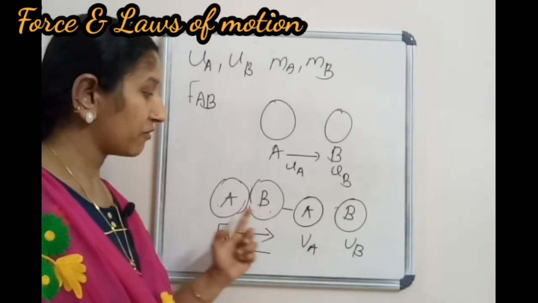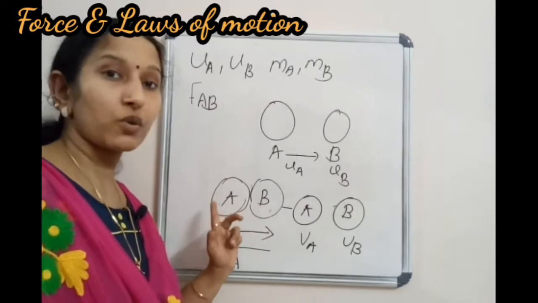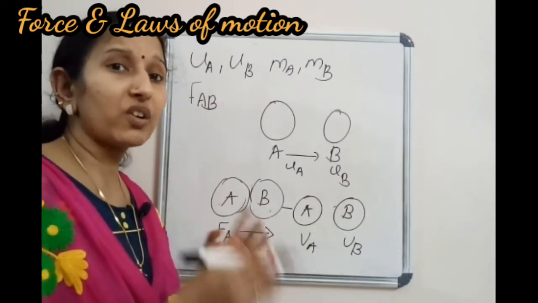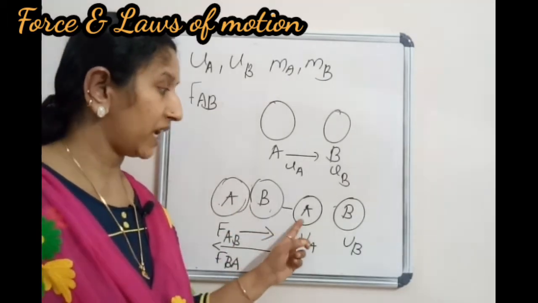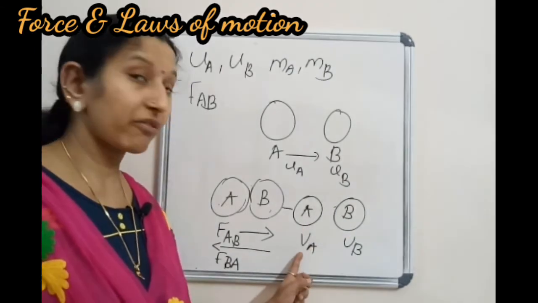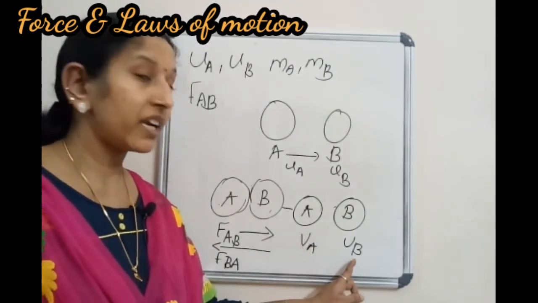After the collision, the balls move with their final velocities VA and VB.